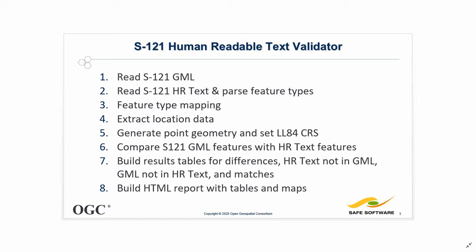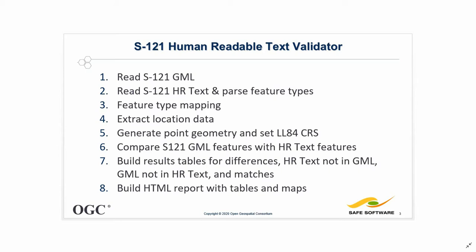And in theory, it could be used to compare any S121 GML with its associated HR text. So the main process steps are reading the S121 GML dataset, then reading the S121 HR text. And then there are a number of steps with the HR text to extract features.